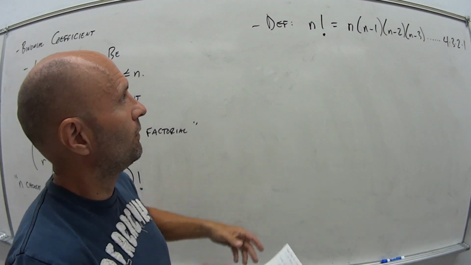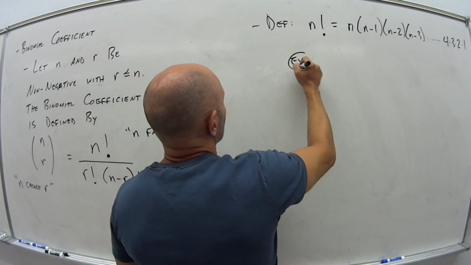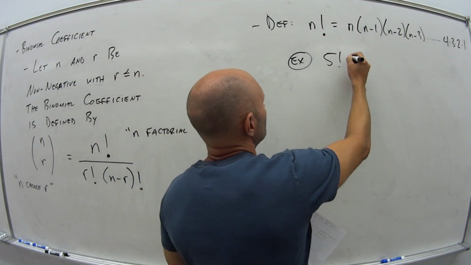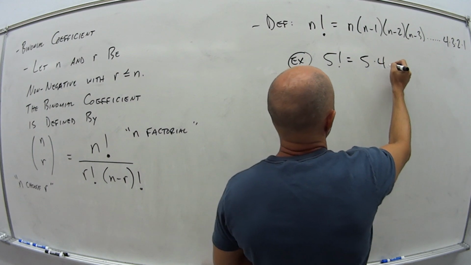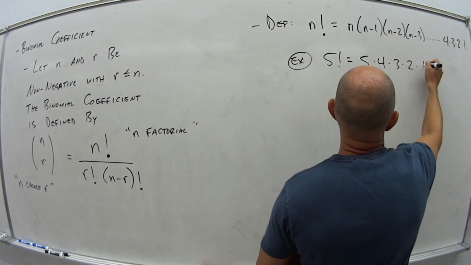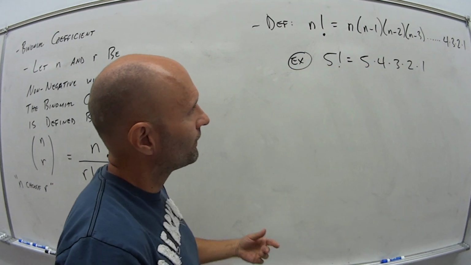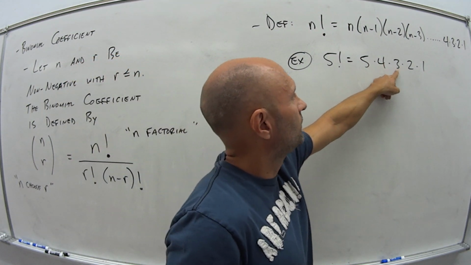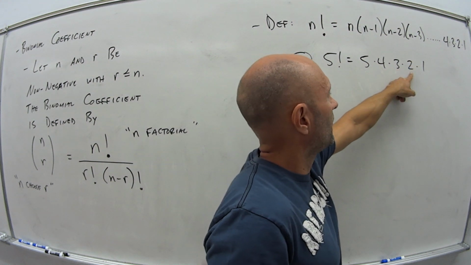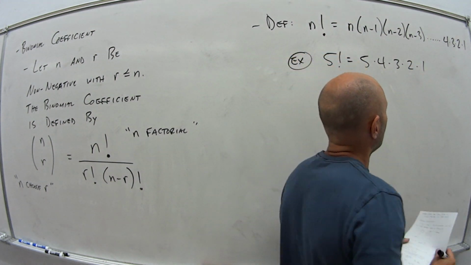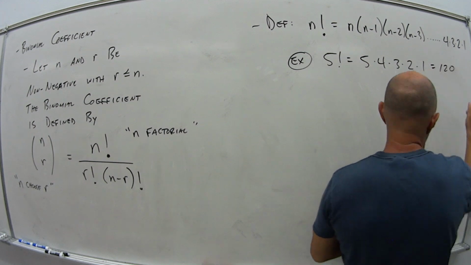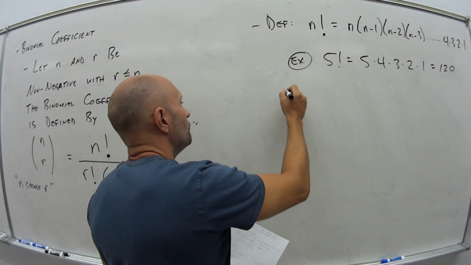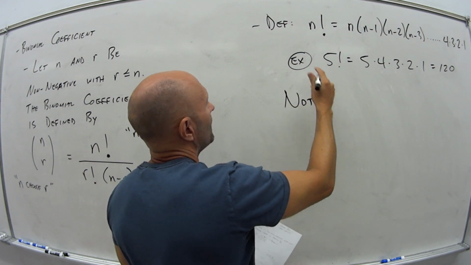So for example, 5 factorial means 5 times 4 times 3 times 2 times 1, which is 5 times 4, 20, times 3, 60, times 2, 120, times 1, 120. So that's what n factorial means.